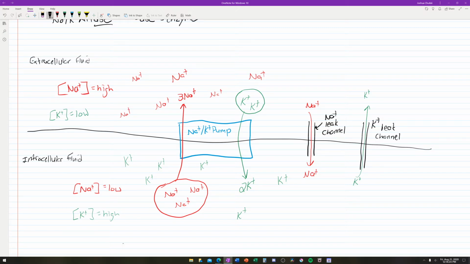So what the cell will do is take ATP and expend it, turning it into ADP plus inorganic phosphate. And that is the energy to drive the pump. This is a very important chemical reaction that actually happens: ATP gets broken down to ADP plus inorganic phosphate plus energy.